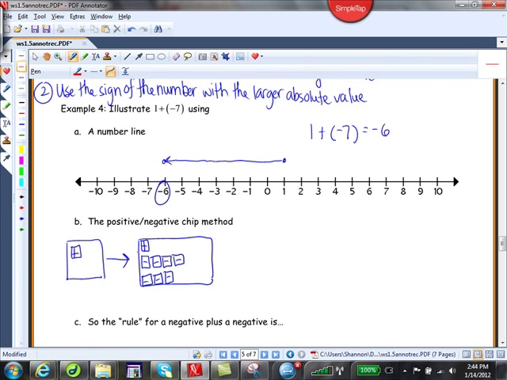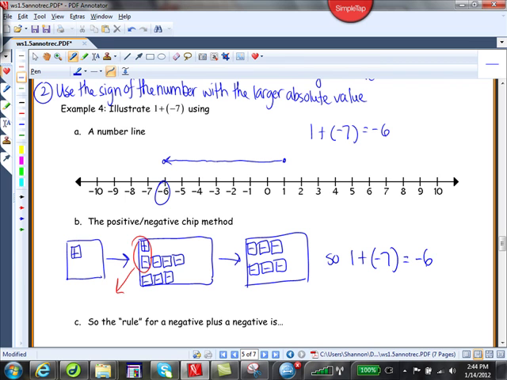And then this time, we only have 1 happy couple that are running away. And notice that we end up with 6 negatives. So 1 plus negative 7 results in negative 6.